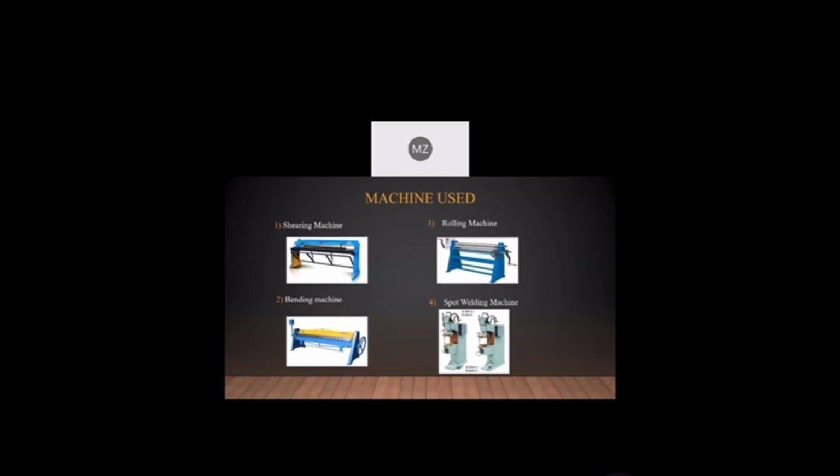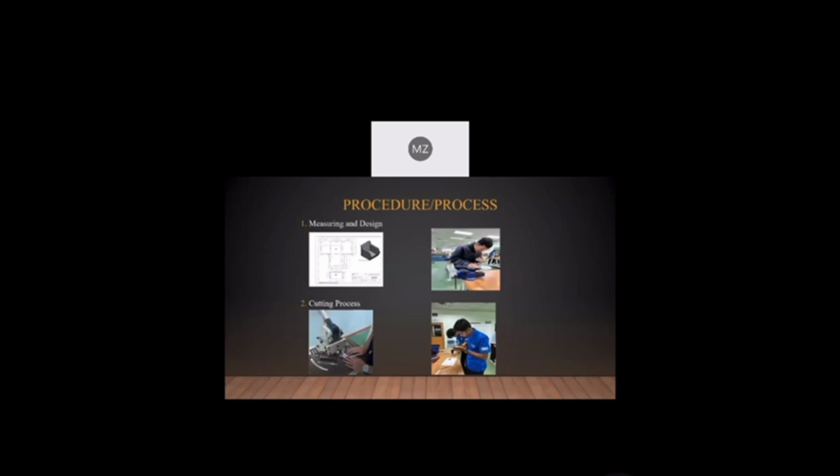The purpose of the rolling machine is to compress raw metal into a thinner and more uniform shape, which is essential when producing sheet metal. When the metal comes out of the roller, it has a thinner and more uniform shape. And the last is the spot welding machine. Its function is welding two or more metal sheets together by applying pressure and heat from an electric current to the weld area.